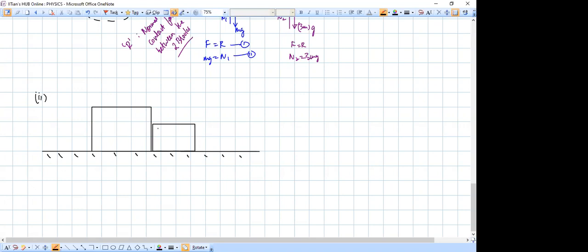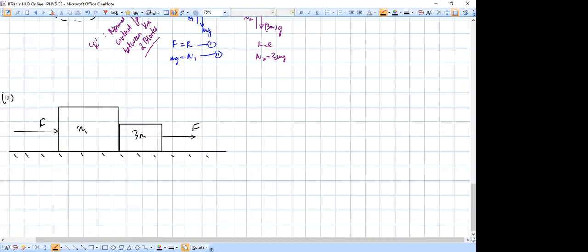Again, the masses are m and 3m, but we are applying forces, a pushing force on this one, and this one is being pulled with a force F. Okay. You can understand it this way, that suppose the blocks had been separate blocks.